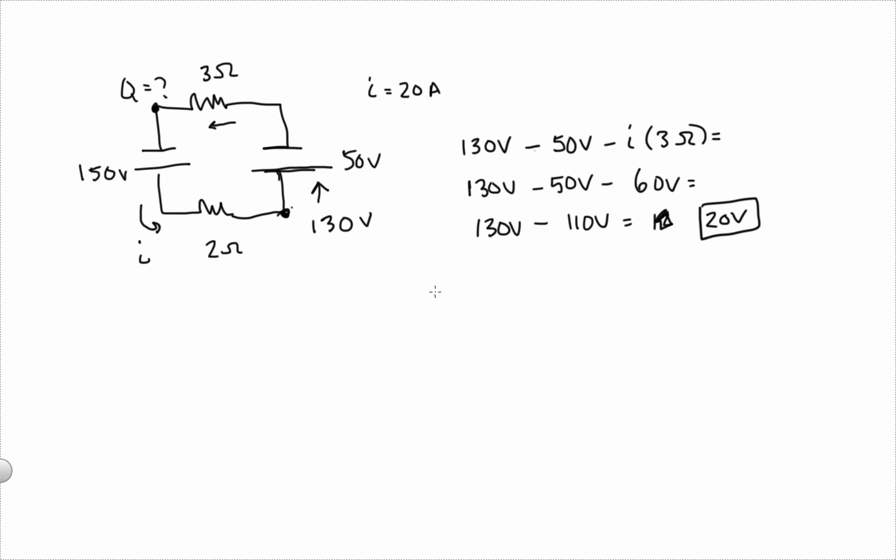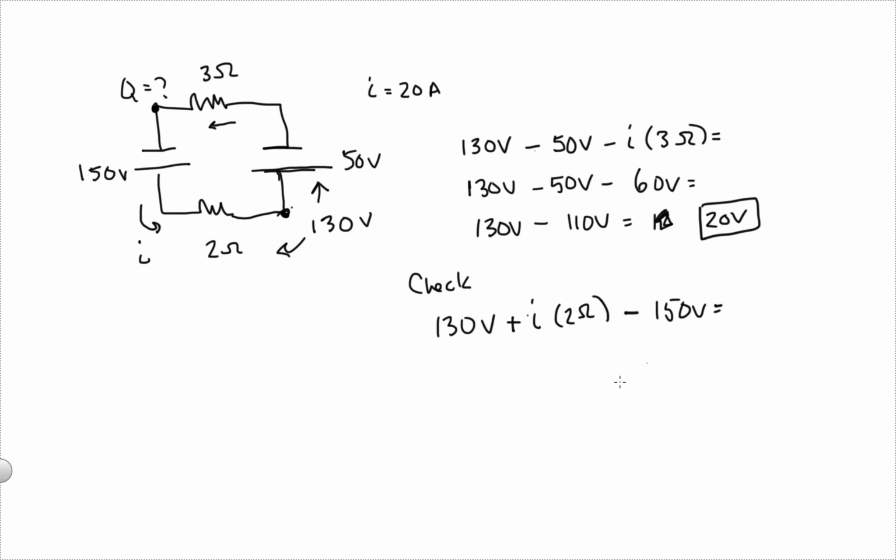Okay, and again, we can check by going in this direction. So if we start at P, which we have to, and go in the opposite direction of the current now, we're going to get a plus I times 2 ohms. And we are going to subtract 150 volts.